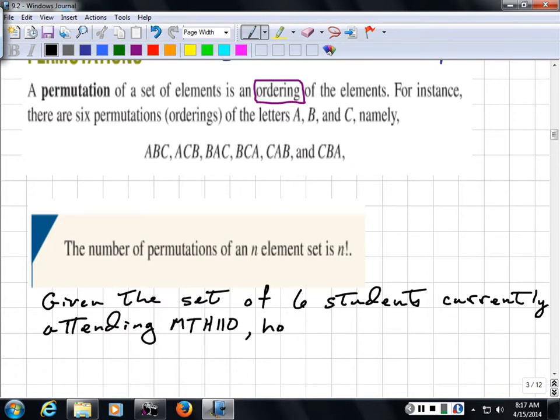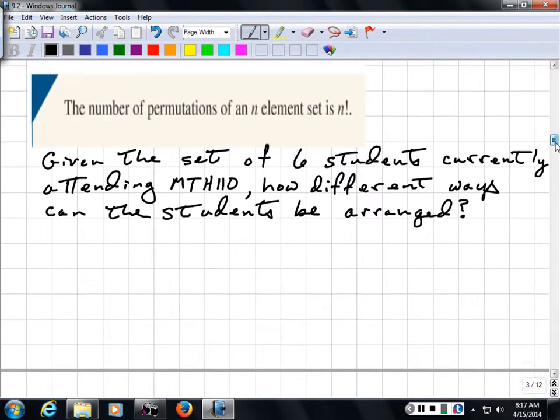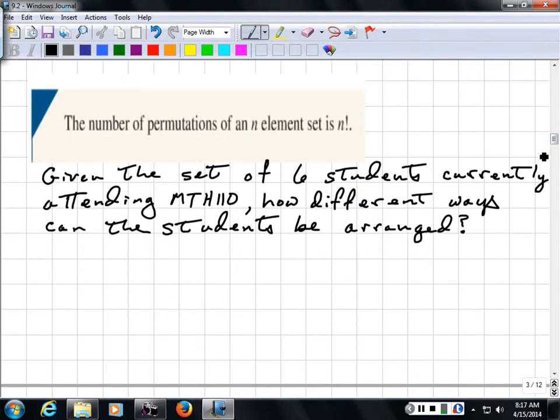How many different ways can the students be arranged? We kind of discussed this a little bit when we were talking about the billionaires parking their golf carts. It's the same concept. So there are 6 students.